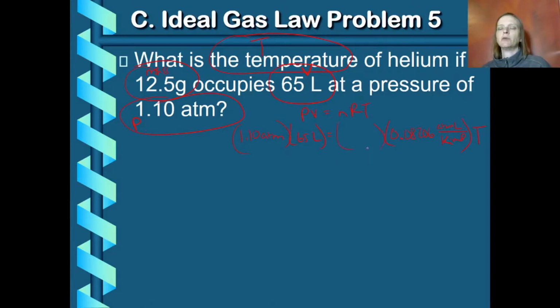Now here I need to put a value for my number of moles, but I'm told that I have 12.5 grams of helium. So if I've got 12.5 grams of helium and I want to know how many moles of helium that is, then I need to look on the periodic table and see that I have a value of 4.00 grams of helium for every 1 mole of helium.